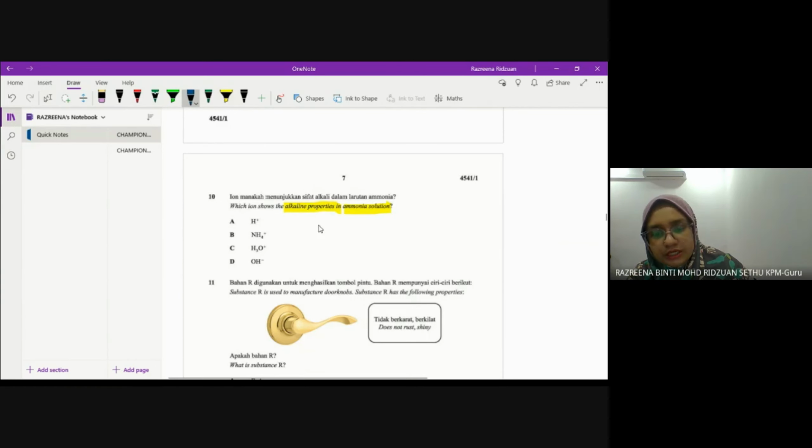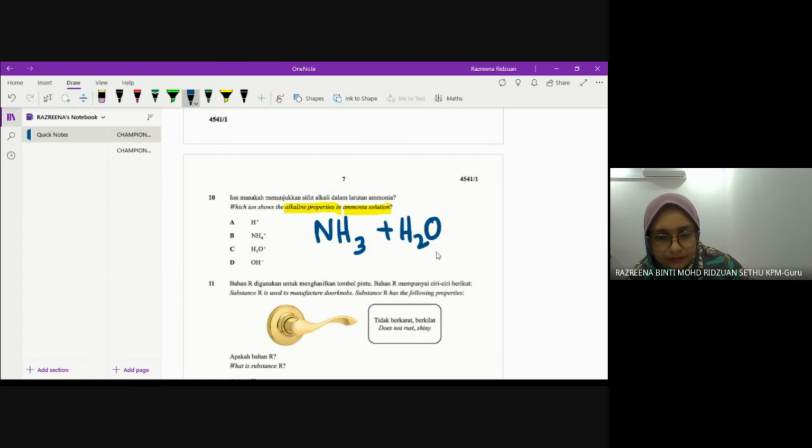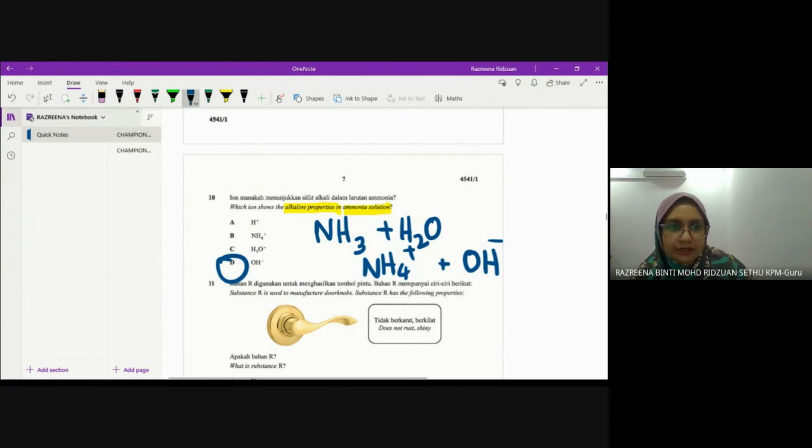So what happens? NH3 will react with water, then it will have NH4 plus and OH negative. So definitely it's OH. Hydrogen is for acid. To show the alkaline property it must be OH.